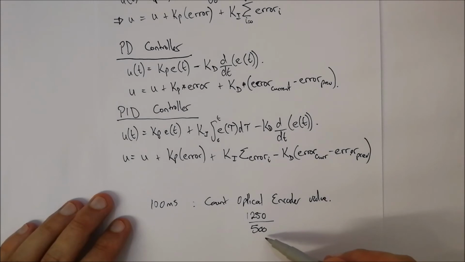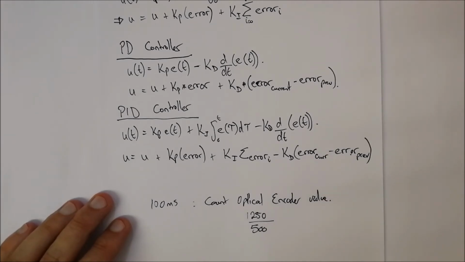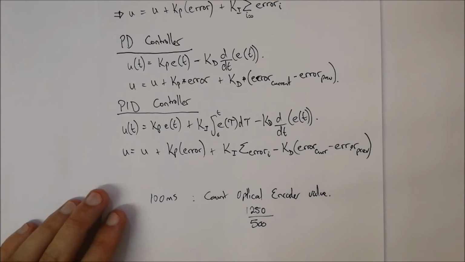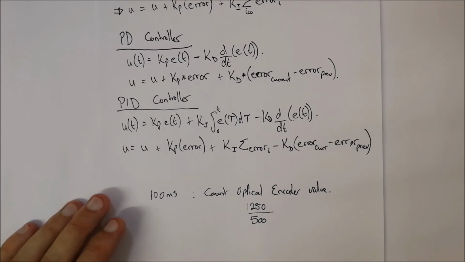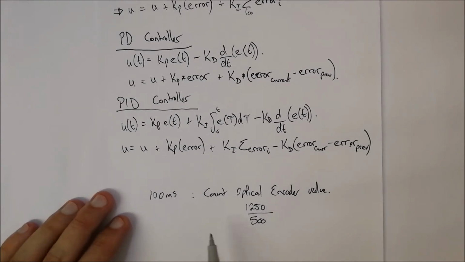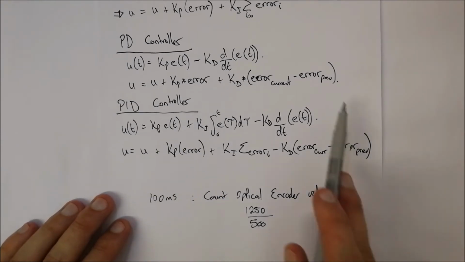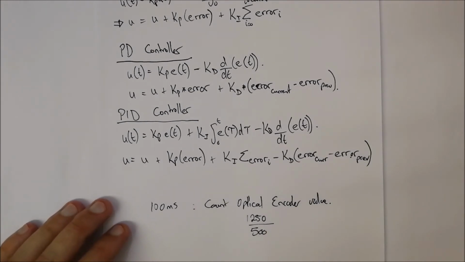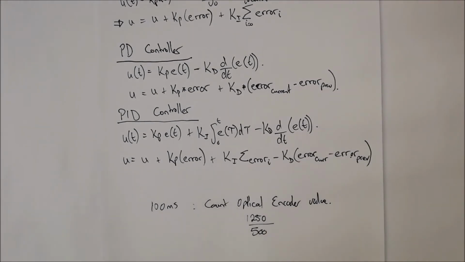So we divide by 500 because we know that is equal to 1 revolution, and then that will give us an indication of 2.5 revolutions that we've achieved. And then with that, we can see, okay, what is the value we actually wanted? We can then use these equations that we've done for our PID controllers, and the system will correct it and give out the right output as we desire it to be.